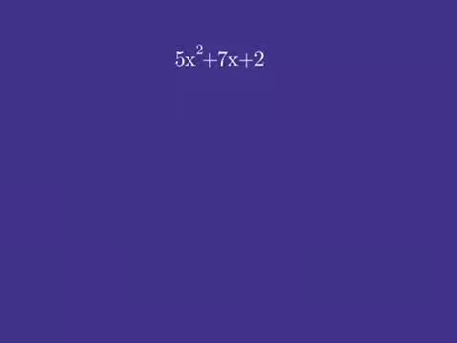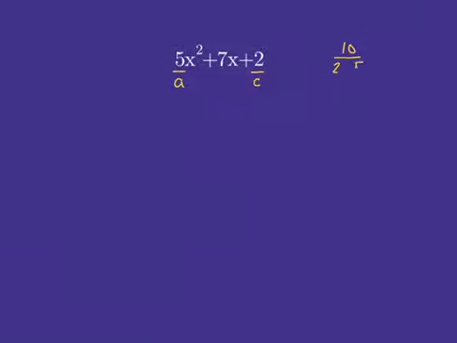We can see that this is a trinomial, 3 terms, with a leading coefficient greater than 1. So we're going to start by multiplying A and C together. So that's 5 times 2, which is 10. So now we're going to look for factors of 10 that add to equal 7. They're both going to be positive.